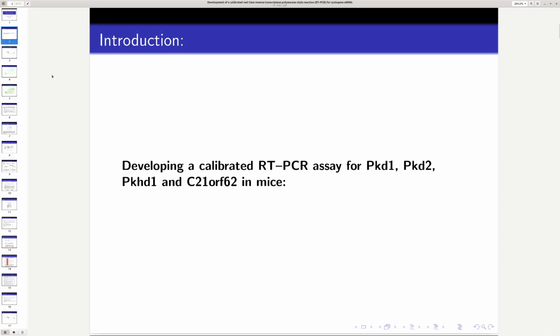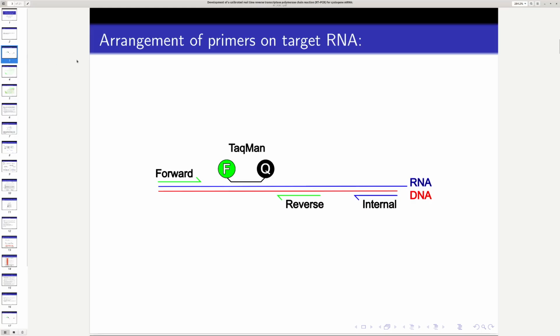Now, what we want to do is develop an assay that can count the number of message molecules we have in a particular sample. Now, to do that, we need to calibrate our assay. And to make a calibrant, we have to actually make a synthetic RNA that mimics the messenger RNA that we'll find in the animal or the human being.